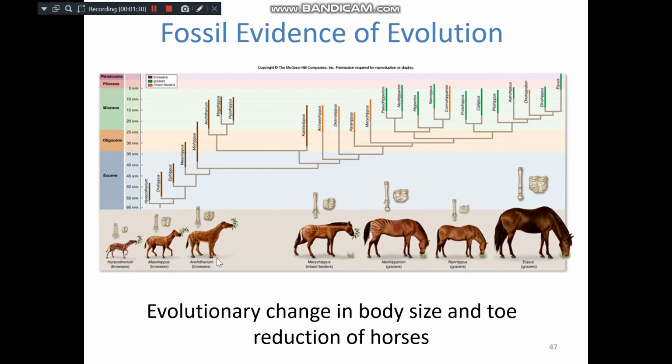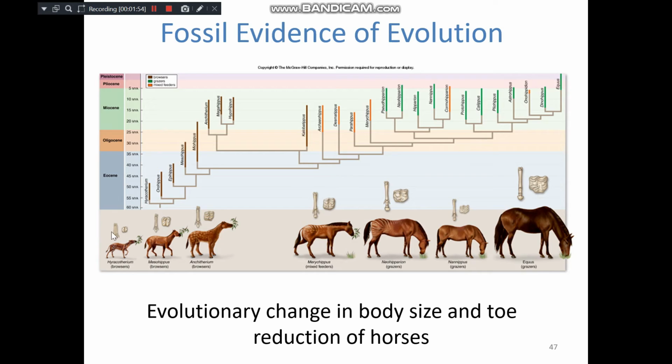The evolution of the horse, which I have already told you, all fossil records are available. Starting from Hyracotherium, Mesohippus, Archaeohippus, Merychippus, Neohippus, Nanihippus, and Equus. See, this is how the evolution of the horse has taken place.